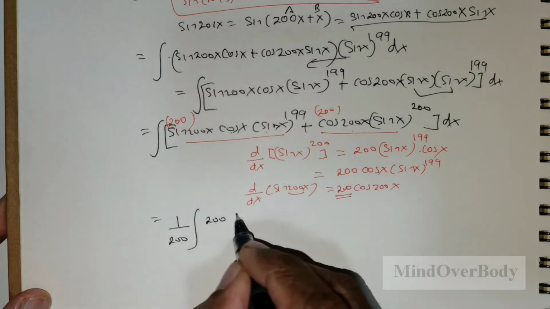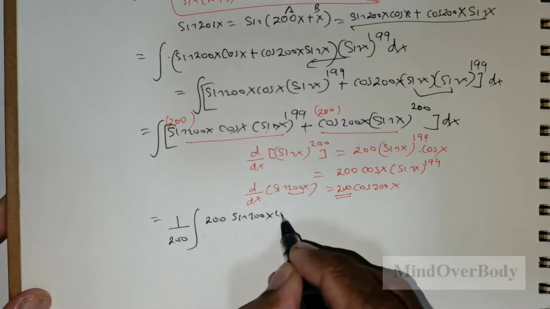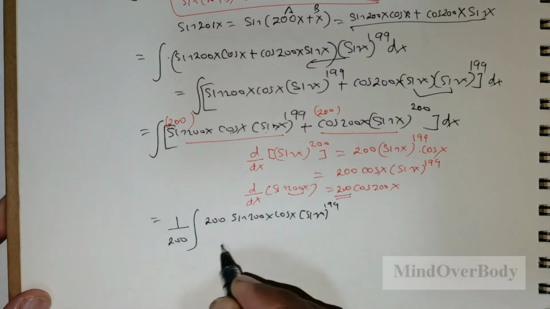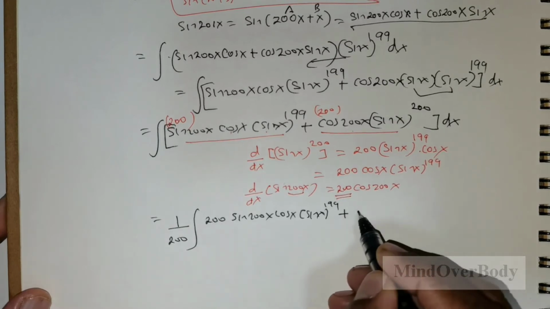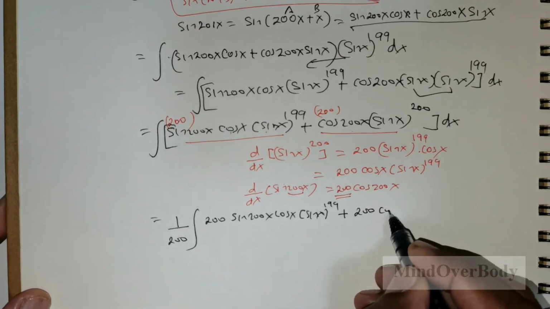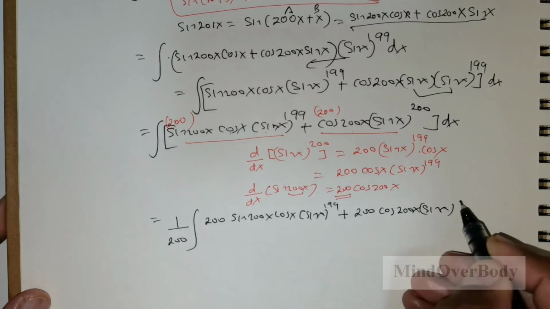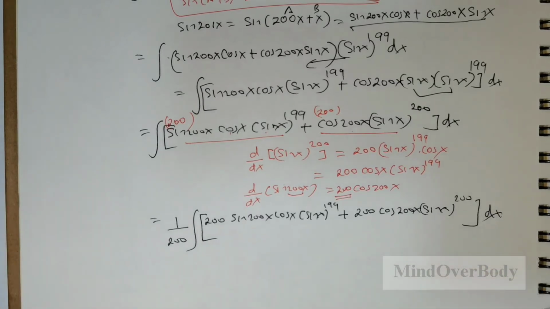So it's going to be 200 times sin of 200x times cos x times sin x raised to the power 199, right, followed by a positive sign, 200 times cos of 200x times sin x raised to the power 200 times dx. So this is what we have got.